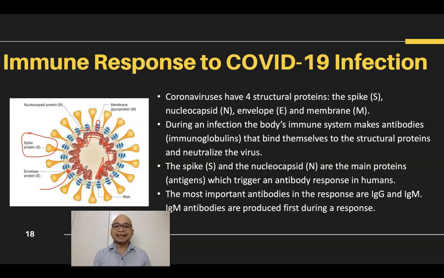Meaning the S and N proteins are the antigenic proteins, the ones that stimulate the antibody response. As a result, we produce IgG and IgM. The first antibody produced is IgM, known as the primary response, followed by IgG. Again, the antigenic proteins are the S and N proteins.